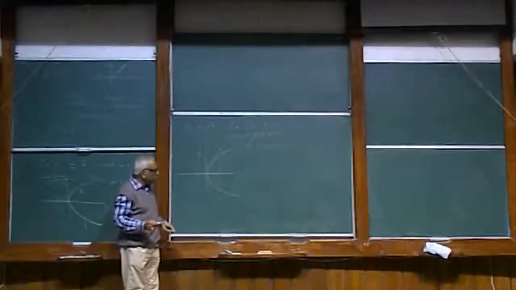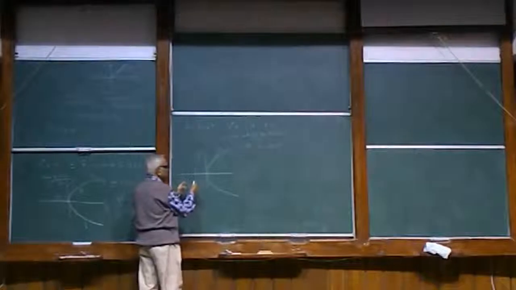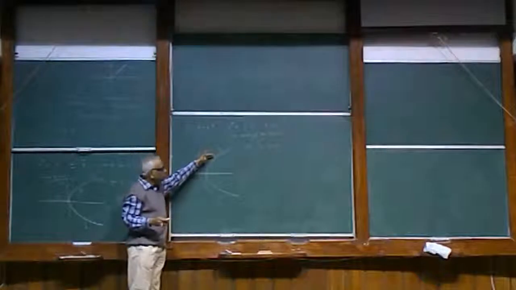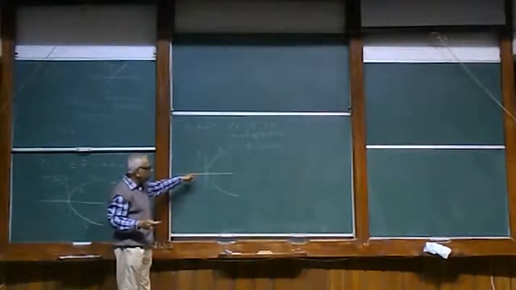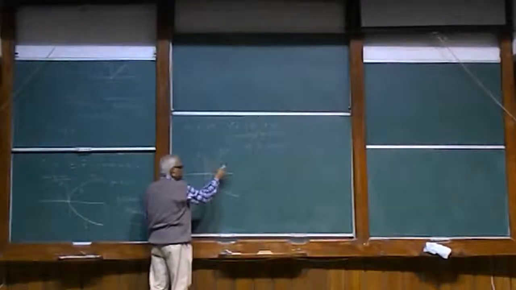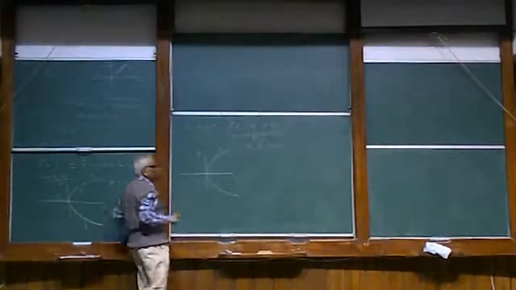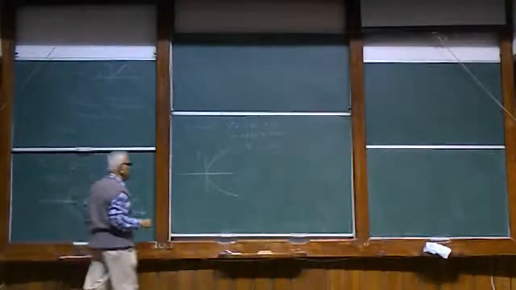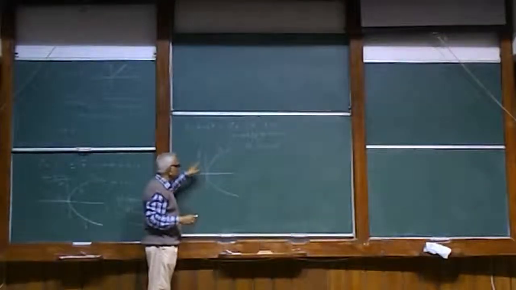That's why one calls it a tangent bifurcation. You are moving from a region which has two fixed points, a stable and an unstable one. As r is taken from positive to negative values, these two fixed points come and merge at this point, coalesce and disappear. They merge at r equal to 0.